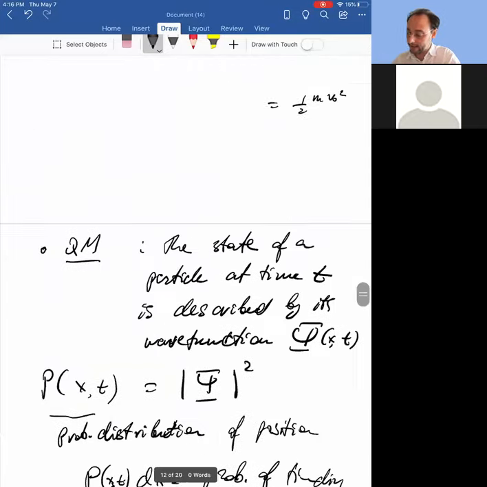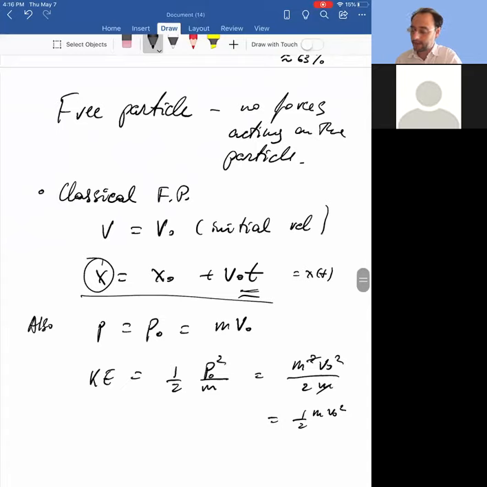In classical mechanics, this is a solution to Newton's equations. You probably don't see it that way, but you could say F equals MA, F is 0, so A equals 0, therefore V equals V naught, and therefore X equals X naught plus V naught T. So this really is a solution to Newton's equations.